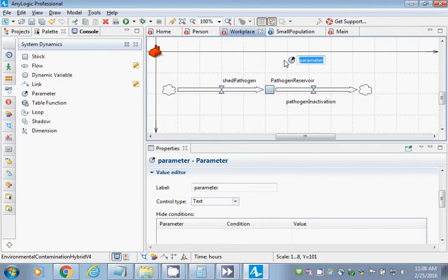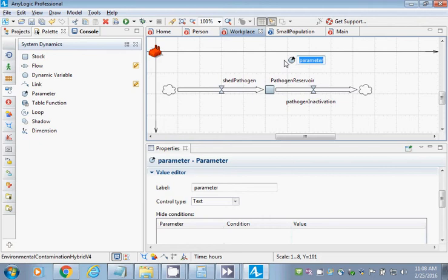But with more pathogen reservoir, the more pathogen inactivation per unit time will tend to take place. If we have a huge pathogen reservoir, we'll have more bacteria dying per unit time than if we have very, very little. So this outflow, in short, needs to depend on the value of the stock. It's not a constant outflow.